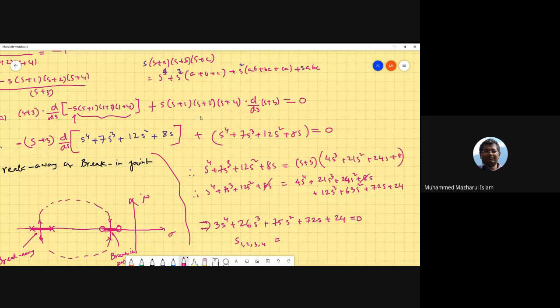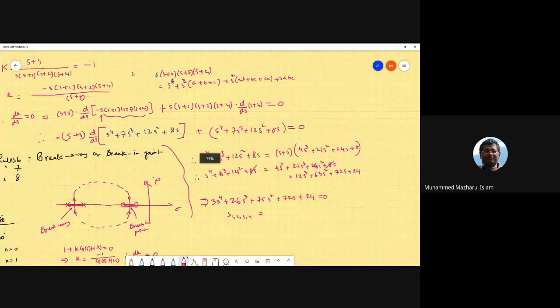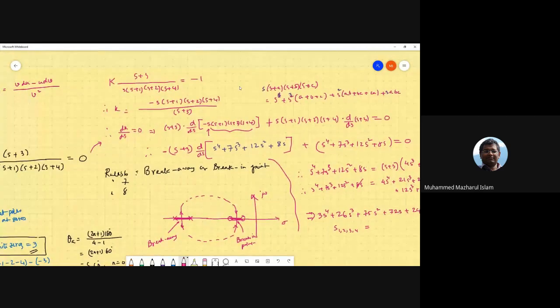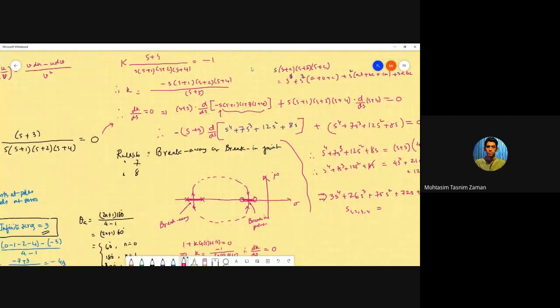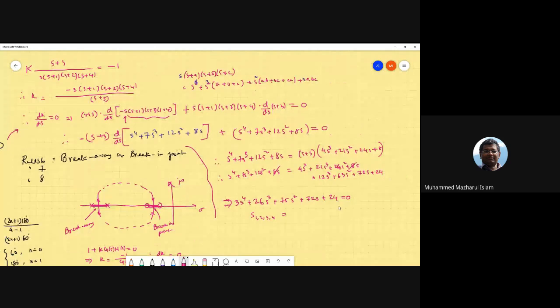I will zoom out a little bit so that I can show you the root locus itself. Sir, four complex numbers come out. If four complex numbers come out, then we have made a mistake somewhere. That is why I was going to show the root locus.